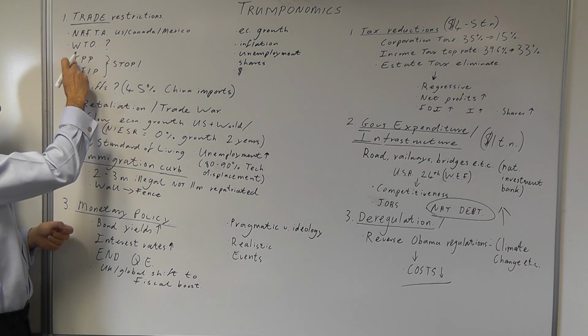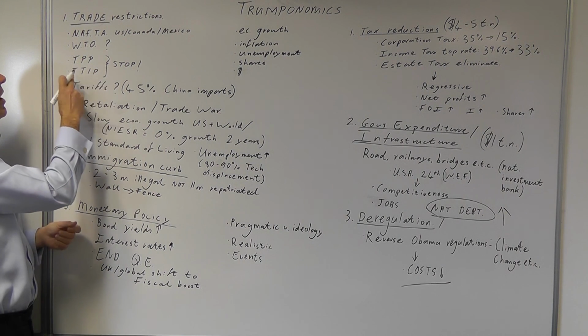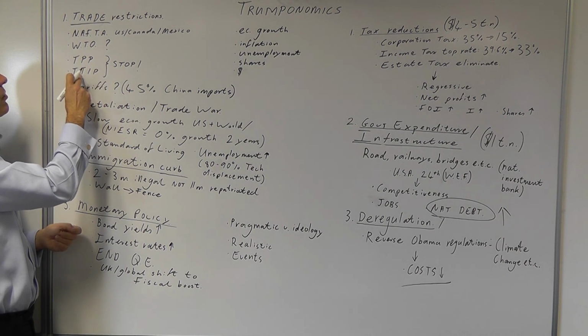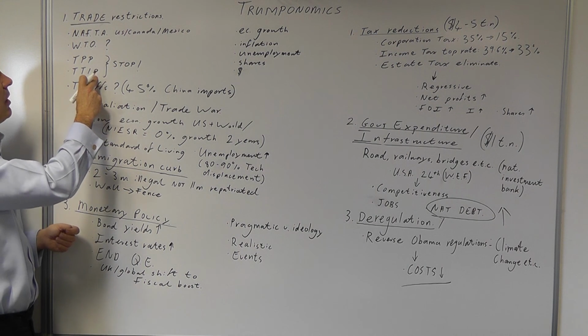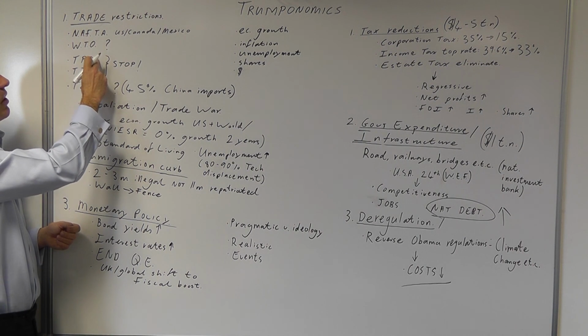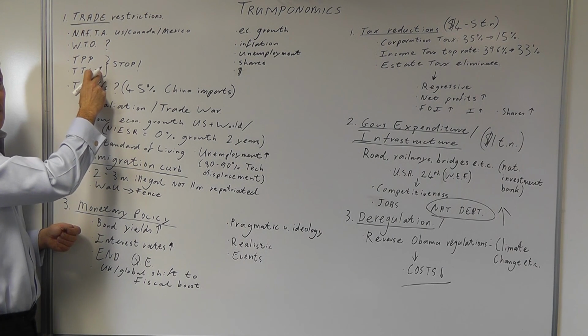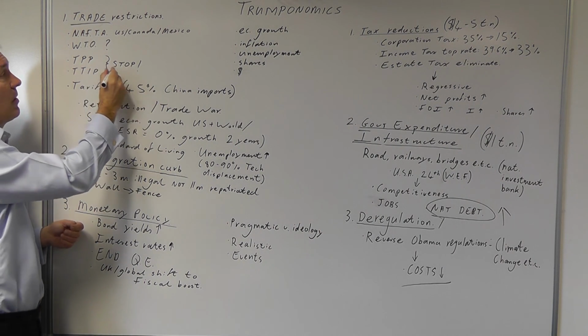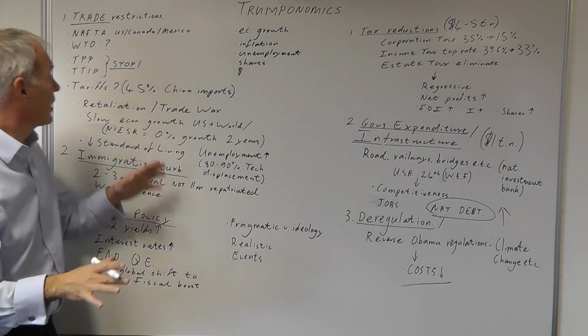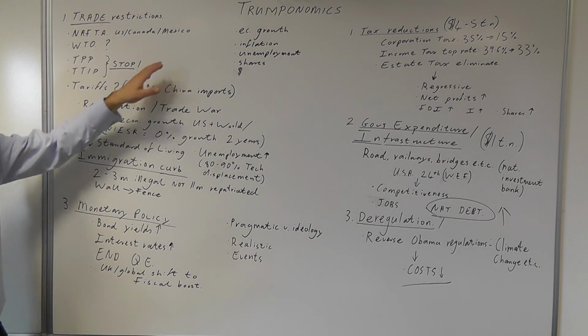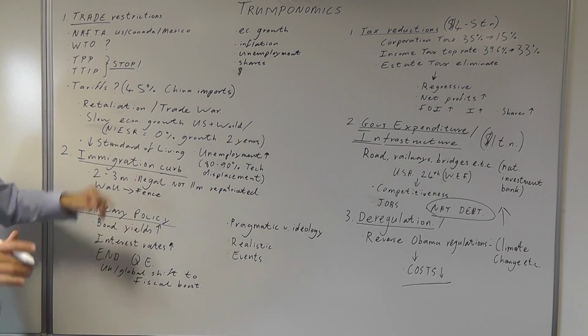The Trans-Pacific Partnership and the Transatlantic Trade and Investment Partnership: the first is formed of 12 countries in the Far East, including the US, and the second is formed of the EU and US. Well, they've got problems in any case, but he's just going to stop those. So those won't develop.